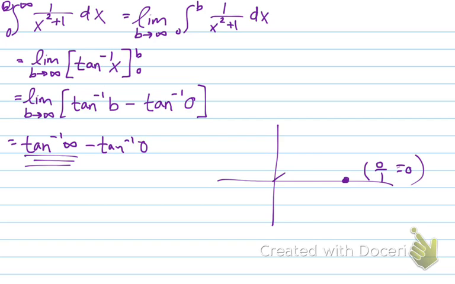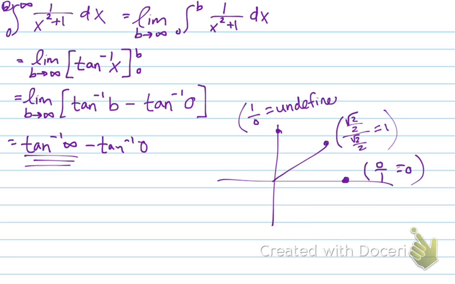Tangent of pi over 4 is radical 2 over 2 divided by radical 2 over 2, that's sine divided by cosine, which is 1. And tangent of pi over 2 is 1 divided by 0, which is undefined. So if you're going tangent inverse, what you're given is these numbers. You're given tangent inverse of 0, tangent inverse of 1, tangent inverse of undefined, or 1 over 0, and you're going back to the angle.